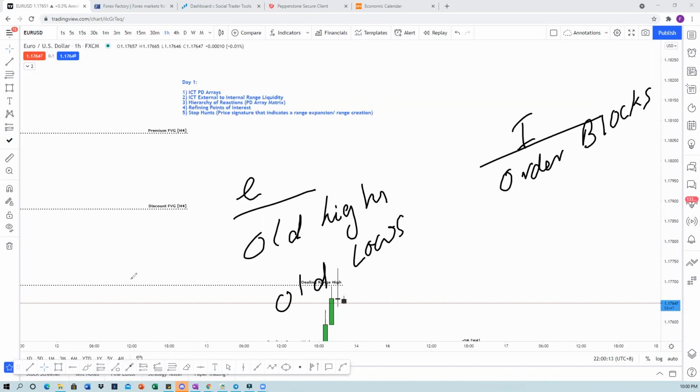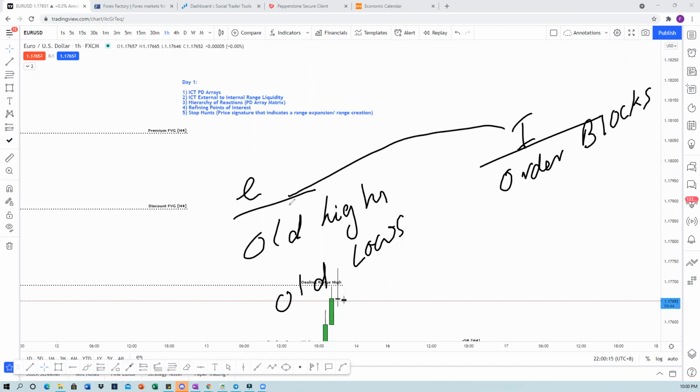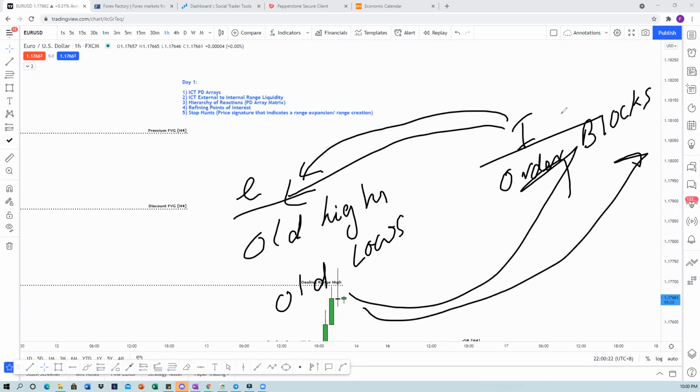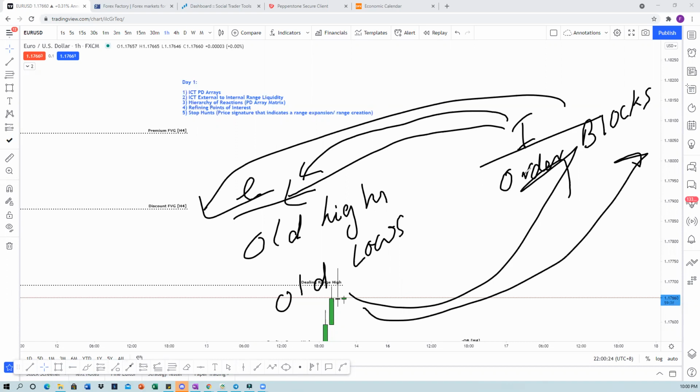So what does this mean? This means that when price takes out an external range liquidity, it's going to seek internal range again. And the cycle goes on.